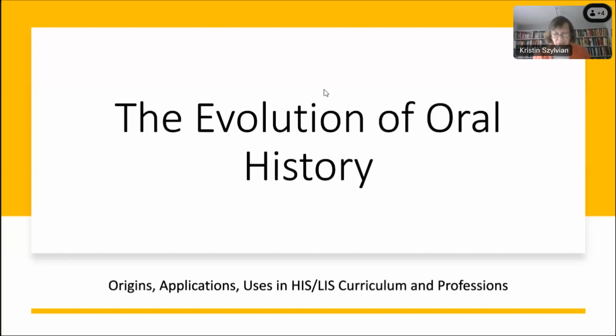So jumping forward, when we're talking about the use of analog oral history in the 1950s and 60s and into the 1970s, the bicentennial years, which were the golden age of oral history, there were at the same time major changes taking place in American society.